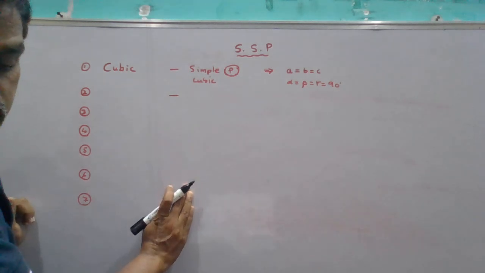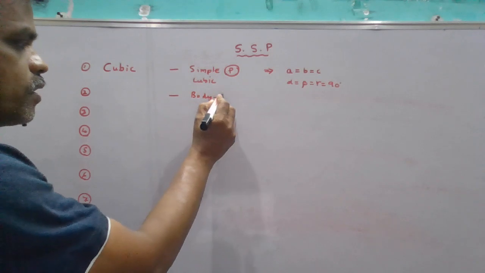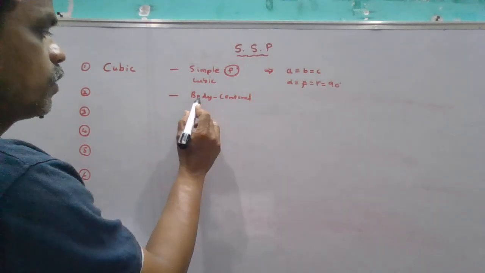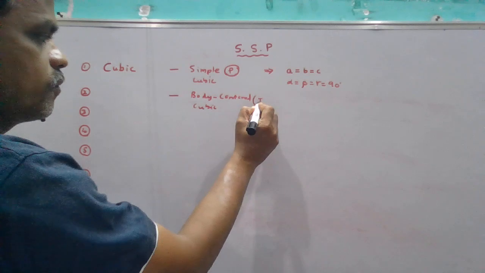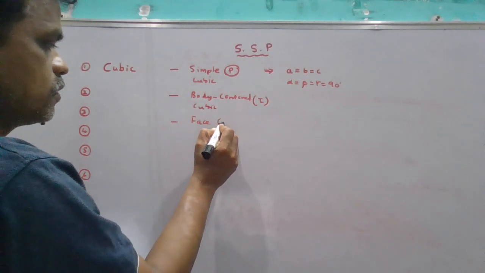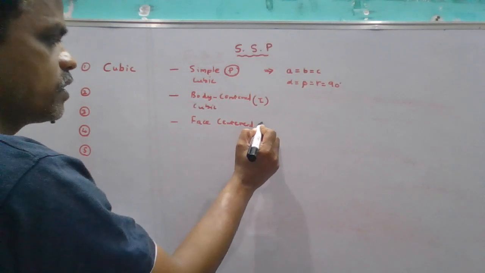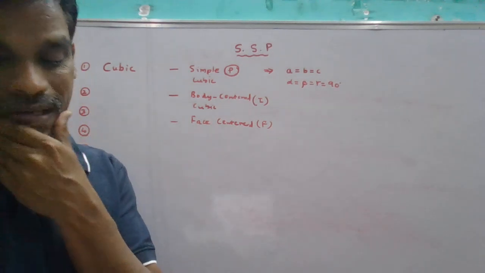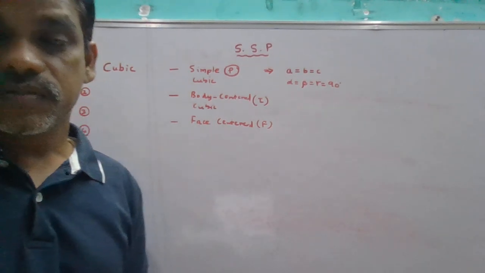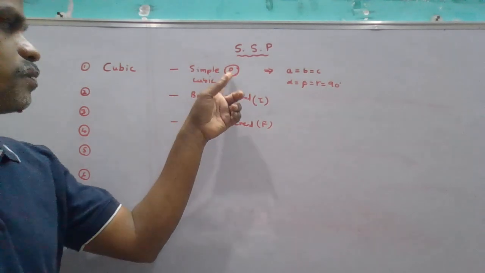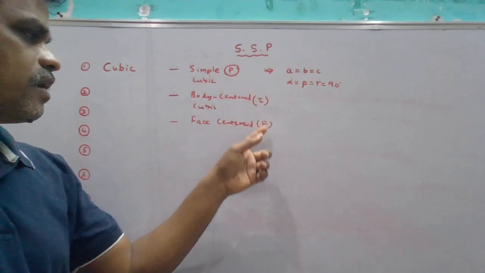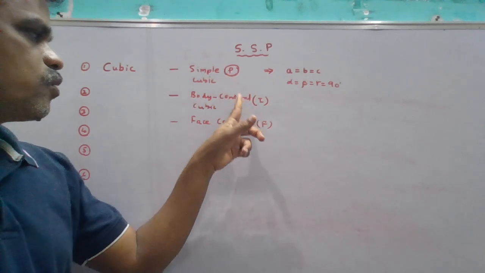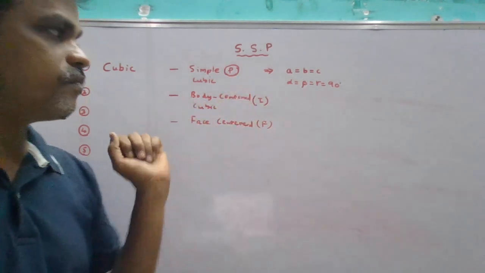Then one more, body centered cubic, with the symbol I. Then one more, face centered cubic, with the symbol F. So the cubic system has three Bravais lattices: the first is P, the second is I, the third is F. P, I, F: simple cubic, body centered cubic, face centered cubic.